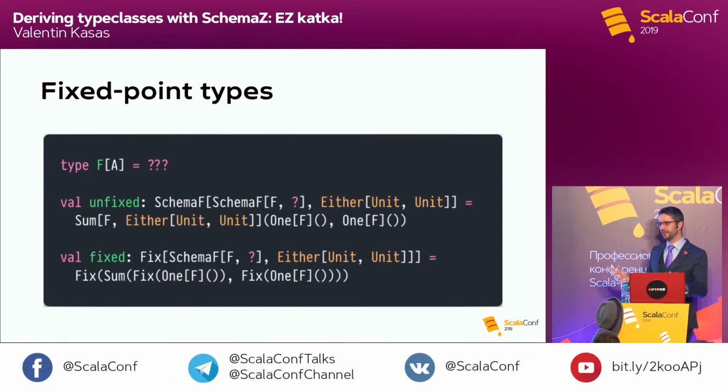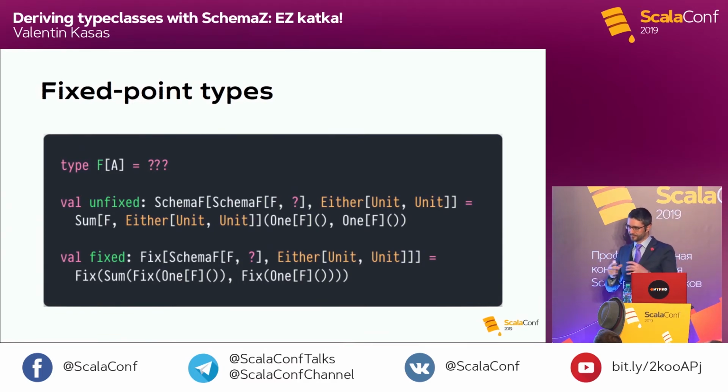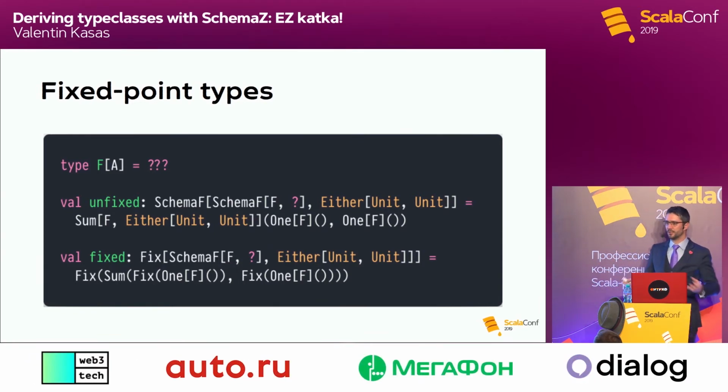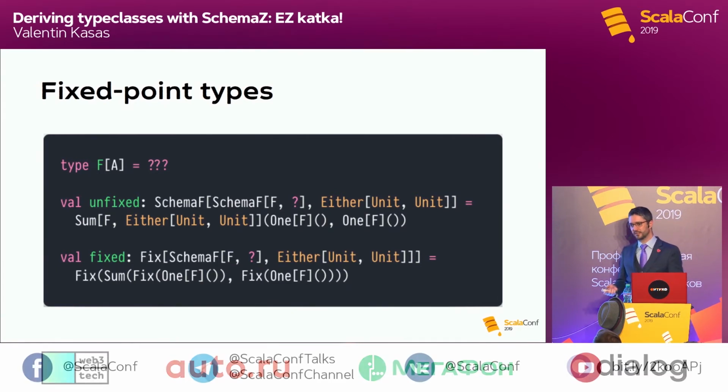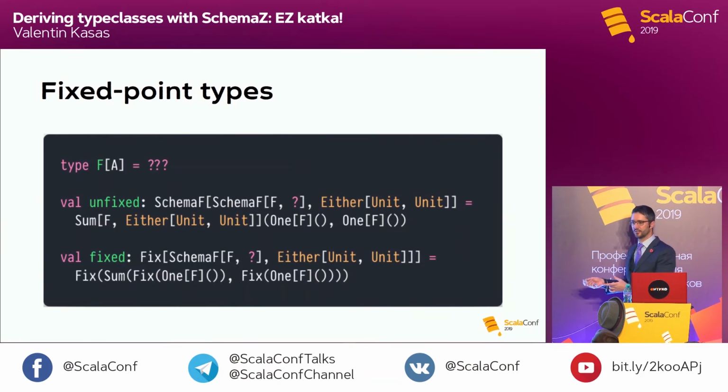What's the type of this thing? It's SchemaF of something and either unit. So without the Fix, the structure surfaces on the type and we never get a uniform or homogeneous type. Every schema would have a different type. But if we wrap everything with Fix, we end up with something of type Fix of SchemaF, either unit. So that's why we need the Fix.